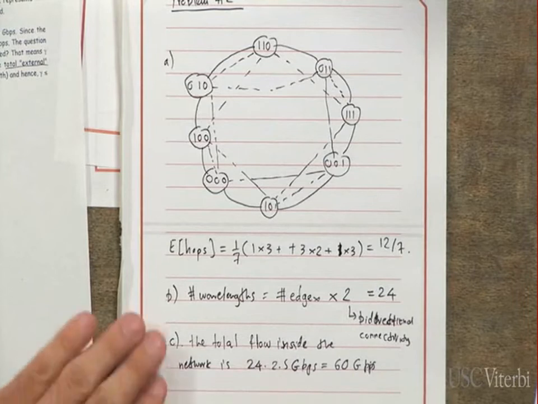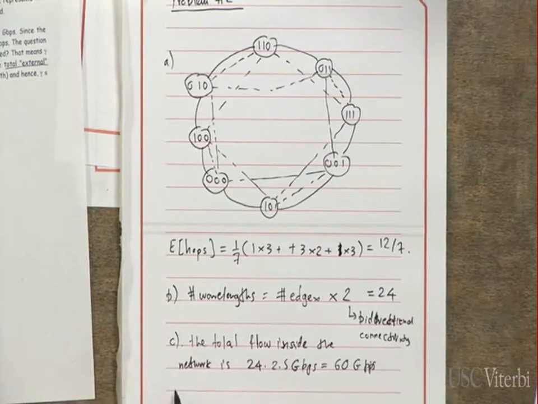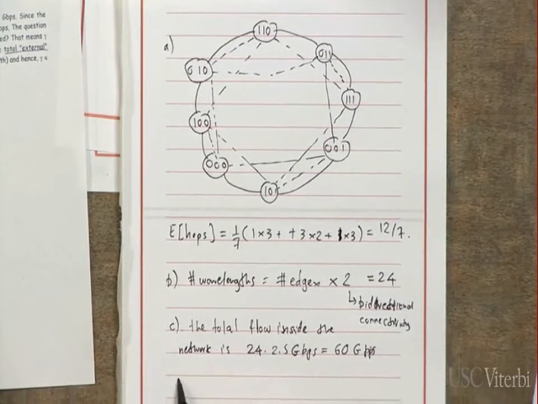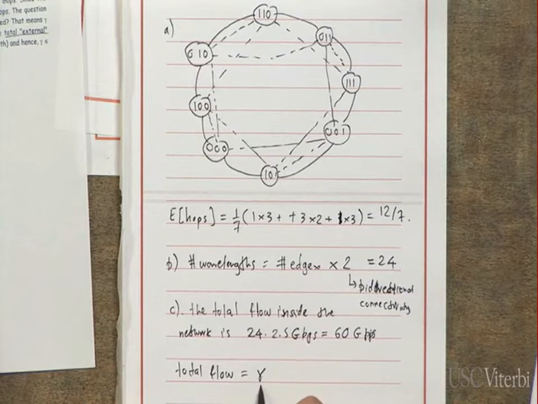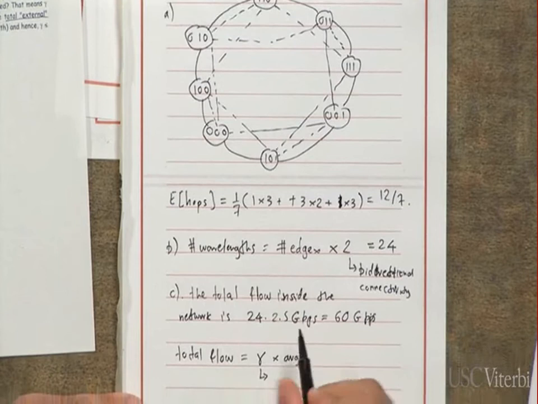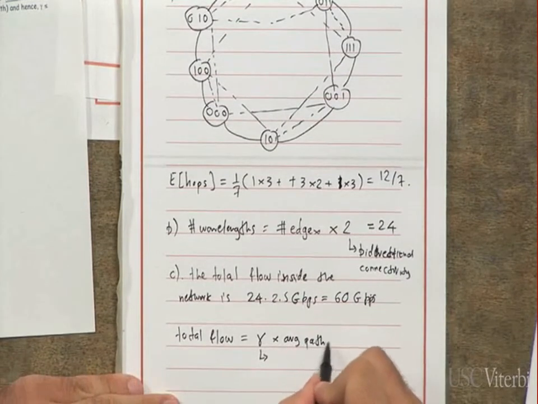So we can use the same approach here and say that total flow equals external traffic rate times average path length.